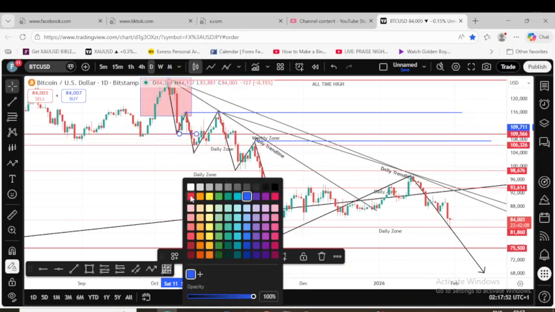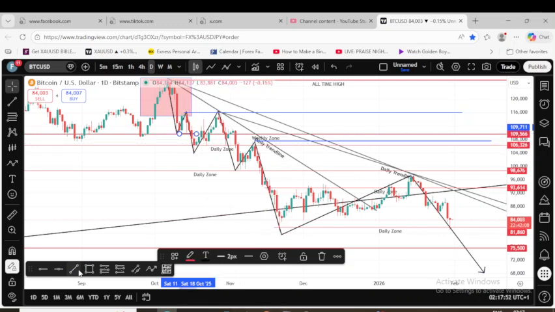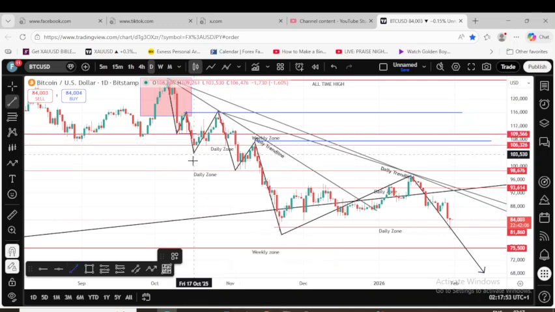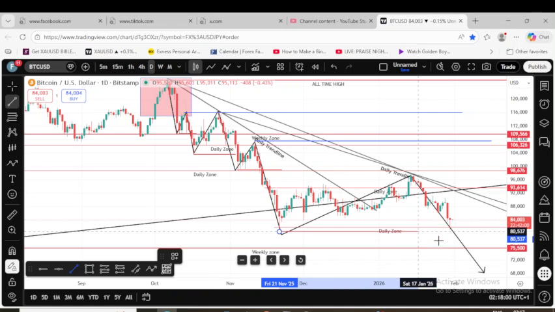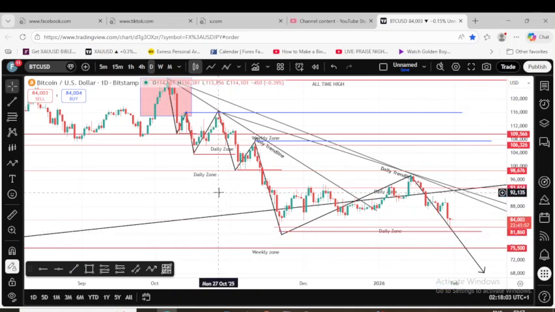Let's make the color red. Swing low, and then this is our most recent swing low. So the price is currently in a downward trend here. The price is in a correctional phase, expecting it to switch to a new impulsive phase.